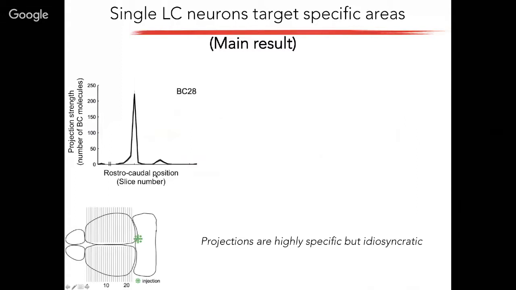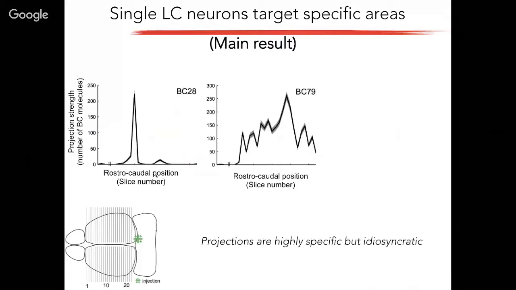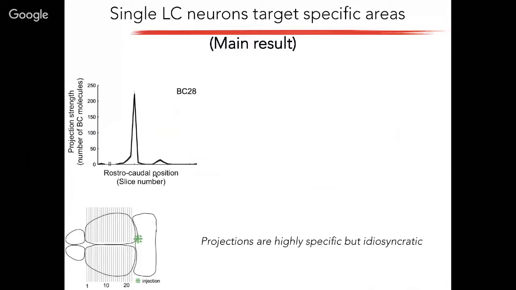So it's important to recognize that with this technique, the spatial resolution is determined at the time of dissection. So we collapse all the barcodes that are found in whatever chunk of brain that we collect, and can't resolve them further. So this particular neuron you see has a very specific spatial pattern of projections.